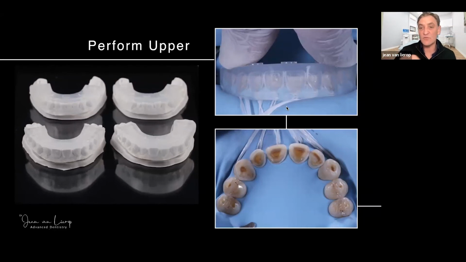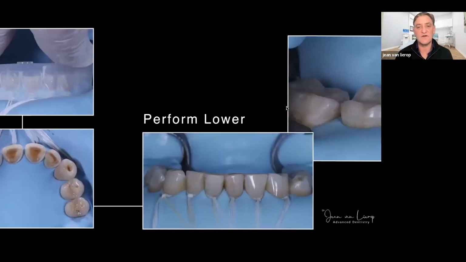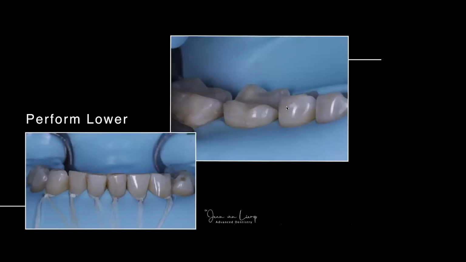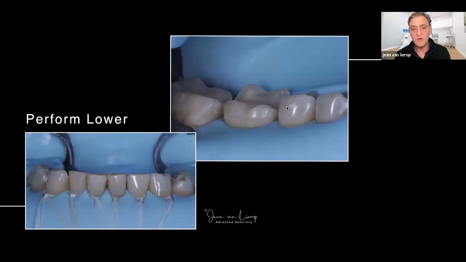In this case, however, we did palatal shell injection molding, cut back and layered to get the correct shape. The lower anterior was done just in injection molding, straightforward. And the lower posterior, because we're increasing vertical dimension, we want to do that in ceramic because that's a stronger solution. So we're going to use tabletop ceramics with a minimal preparation design.